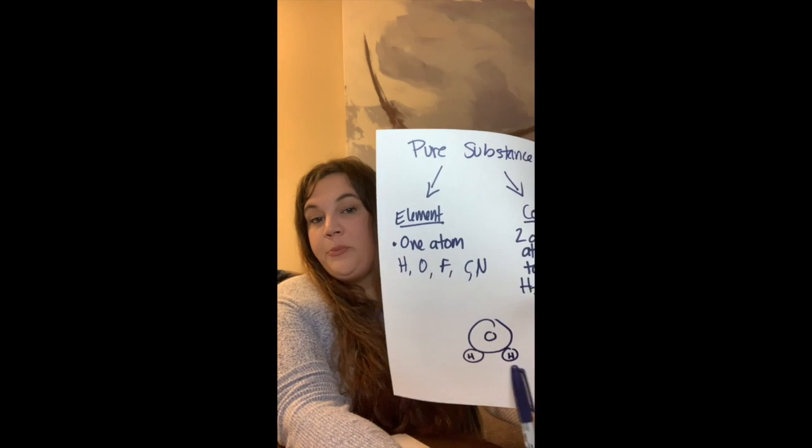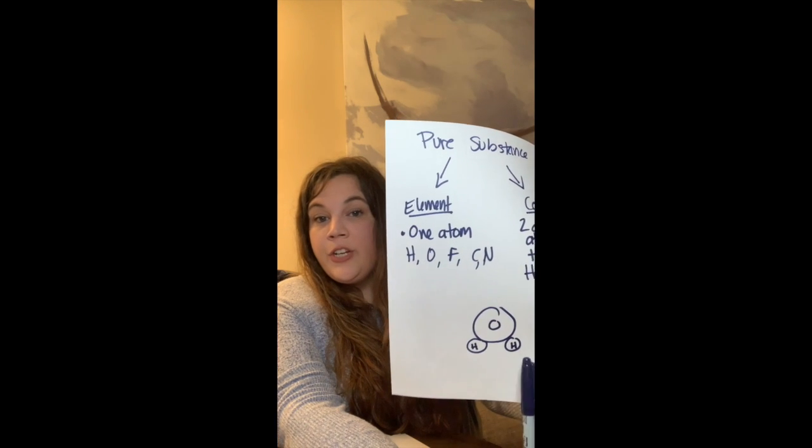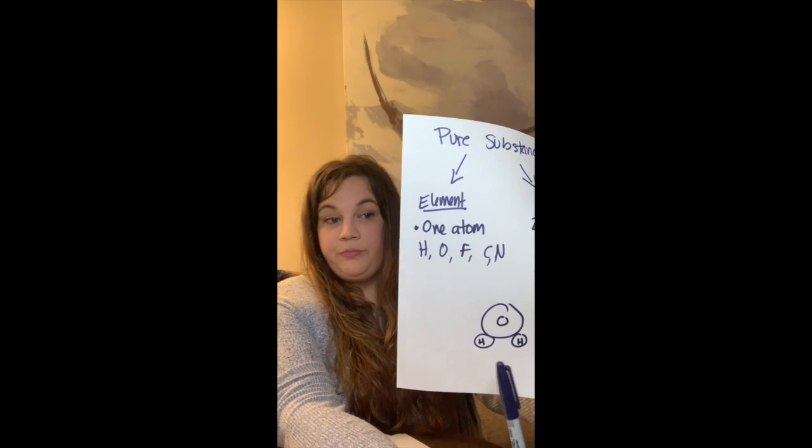If I were to draw water, remember water's equation is H2O. When I do my atom math, that means there's 2 hydrogen and 1 oxygen for 1 molecule of water. So if I draw that, it looks like an upside down Mickey Mouse. And right here's my compound. I have oxygen, hydrogen, hydrogen.